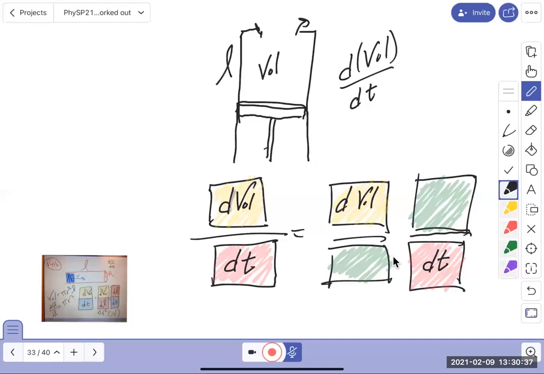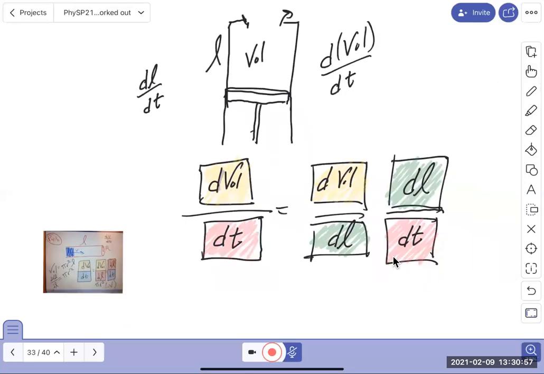And so I can determine how fast that piston is moving up. That would be dL/dt. So if I bring in the change in length, dL, I can then solve for how the volume of that chamber is changing with time.